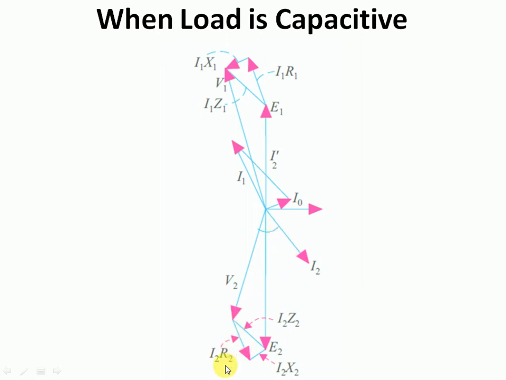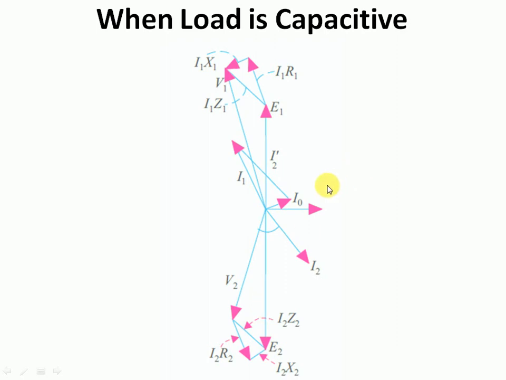This will be indicating I2R2, and then you have to draw a line perpendicular to I2R2, that will be indicating the I2X2 term. So if you are seeing here at the secondary side, you will be able to see this is V2 plus I2R2 plus I2X2, and this I2R2 plus I2X2 is represented here as I2Z2. So directly we can say V2 plus I2Z2 is equal to E2.